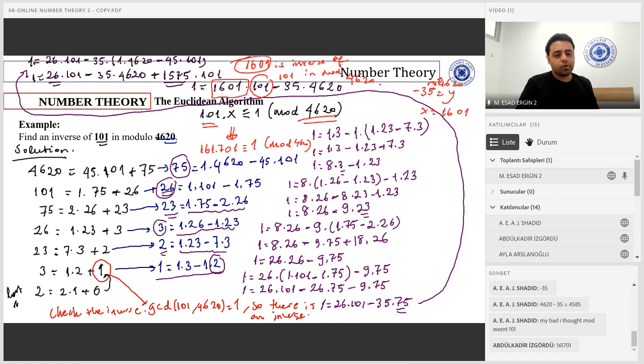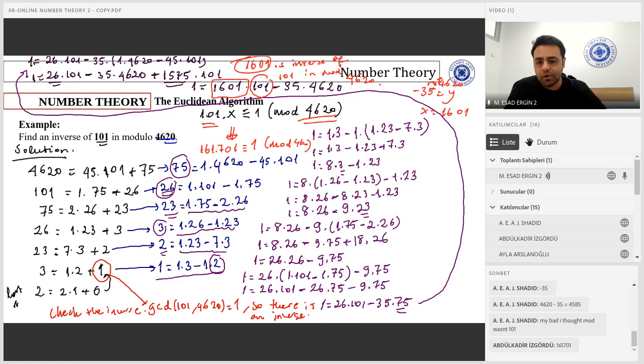Yes, if you take the modulo of this number, 161,701, in modulo 4,620, you see that the remainder will be 1. So you know how to use the calculator. In the final exam, of course, you are going to use your calculator. Do not worry about it.